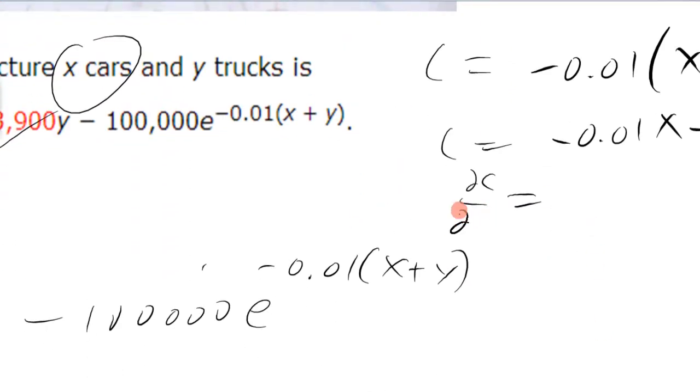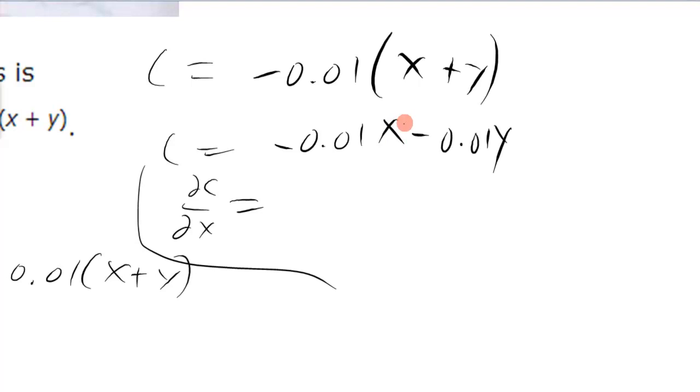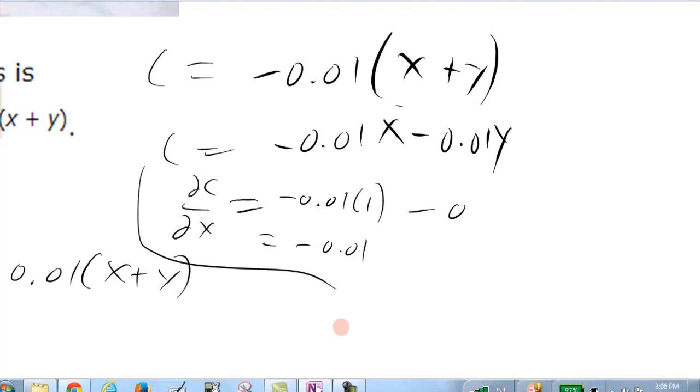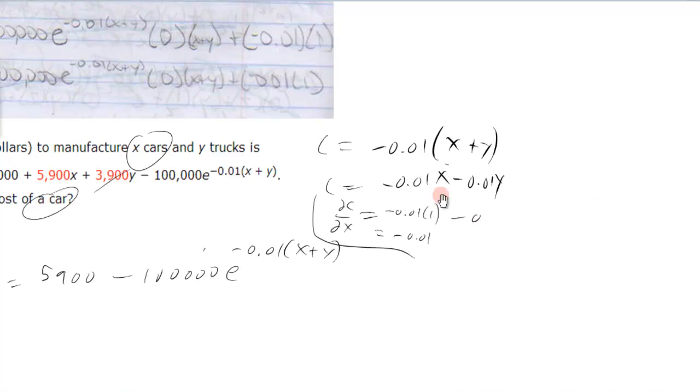So now when I do the derivative of C with respect to x, the first term does have an x in it, so the 1 comes out to the front, making it negative 0.01 times 1, minus, there are no x's, so that would be 0, so it's negative 0.01. So that blank we were filling in wasn't 1 plus 0, I apologize, it was negative 0.01 minus 0.